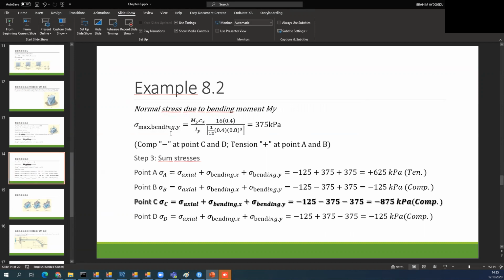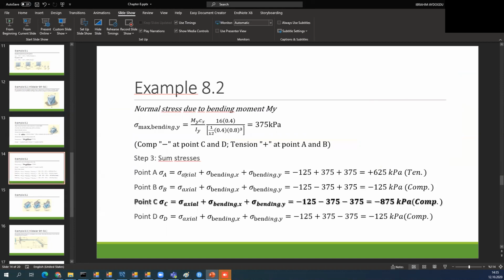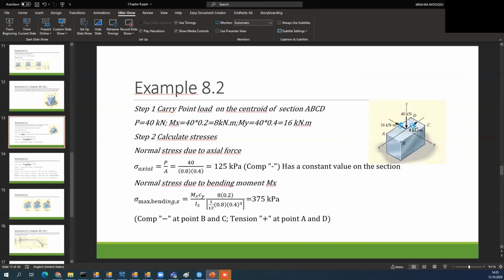So you remember that in here, point D and C is the compression side, point A and B is the tension side. And also I write in here. Now I want to start. First of all, I want to start with point A. You remember for axial force all over the system, we have 125 compression. For compression, I want to put the negative. And first of all, I want to write the bending X. You remember for bending X, point A and D part, this part is the tension.